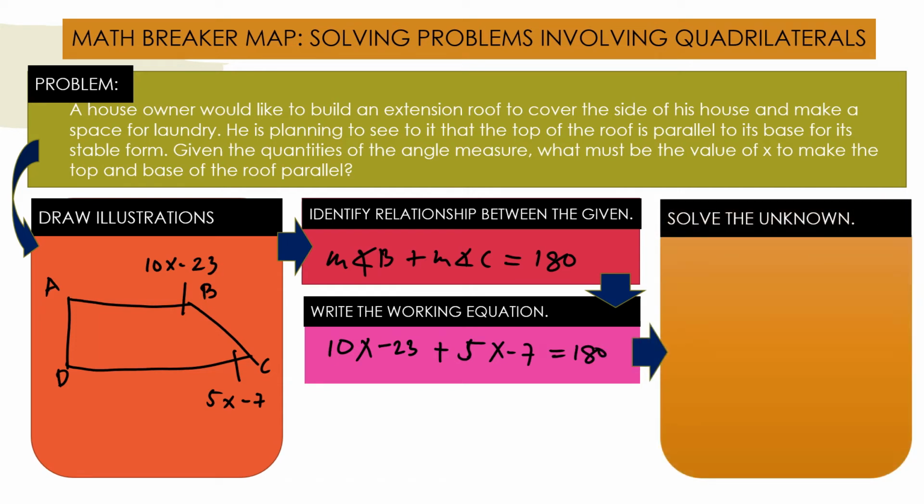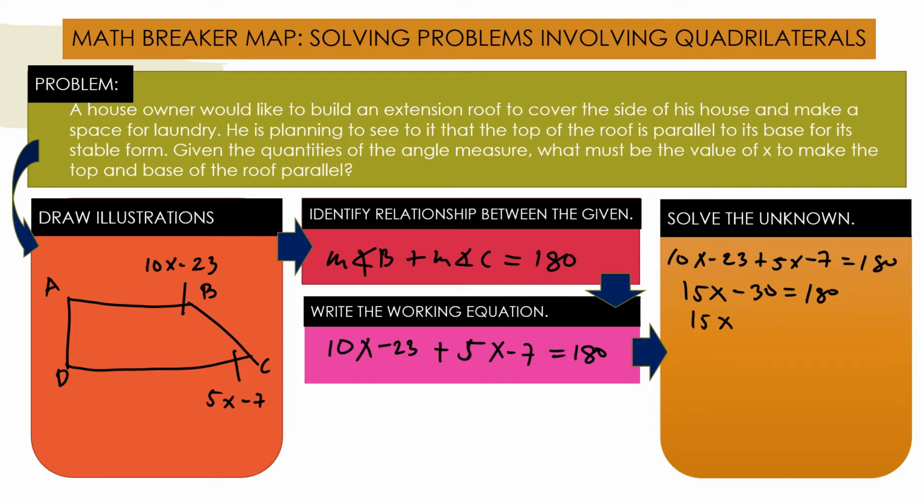Let us solve for the unknown. That will be 10x minus 23 plus 5x minus 7 is equal to 180. Combining similar terms, it will become 15x minus 30 is equal to 180.